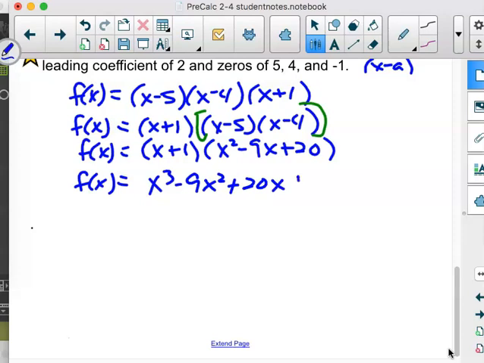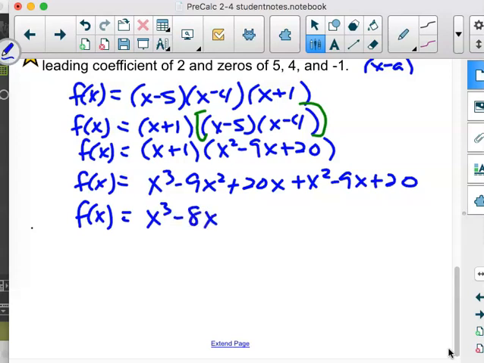Multiplying by 1 is nice and easy. And then we can go ahead and combine like terms. And let's all double check at this point before we start talking about that leading coefficient piece. f of x equals x cubed minus 8x squared plus 11x plus 20.